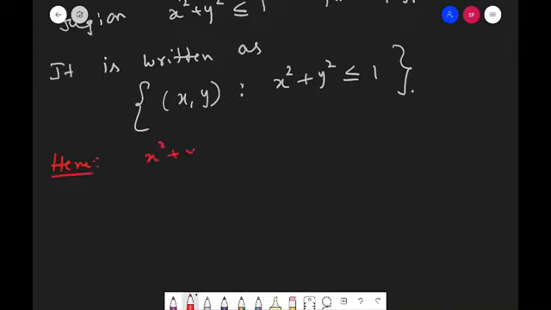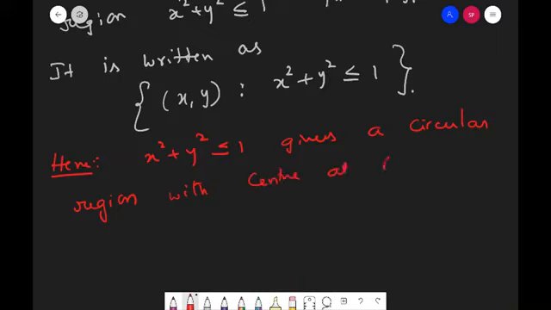I can make it as a note: x square plus y square less than or equal to 1 gives a circular region with center at origin and radius equal to 1 in the xy plane.